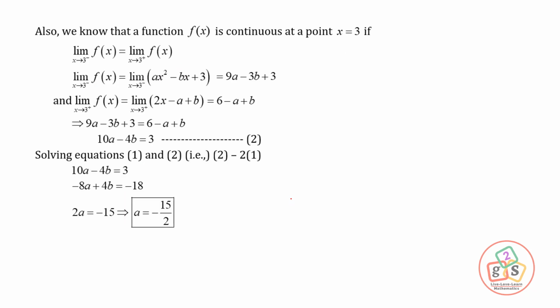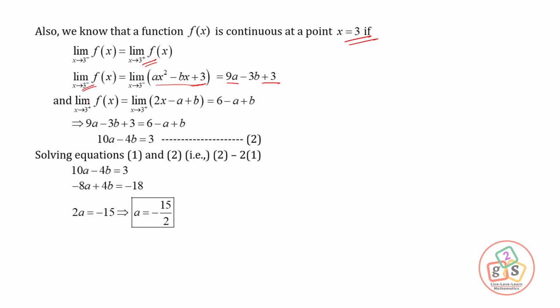Similarly, the function is continuous at x equal to 3 also. Therefore left hand limit is equal to right hand limit. Now we find the left hand limit, as x tends to 3 minus of f of x. Below 3 the function is ax square minus bx plus 3. Now we put x equal to 3. 3 square is 9, so 9a minus 3b plus 3.